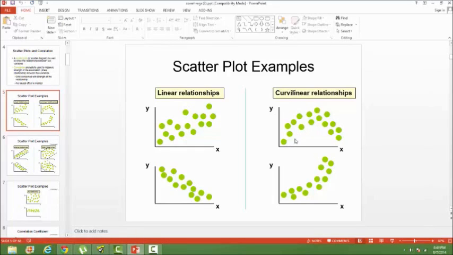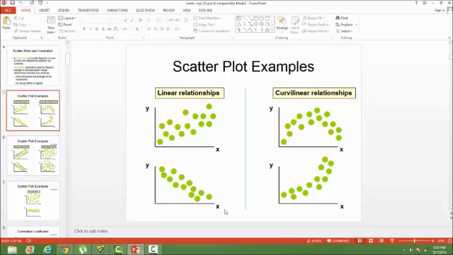Okay, so it could be some kind of a curve, right? It could be parabolic, it could be hyperbolic, or that kind of a relationship, or circular. It can be anything. So it's not something like a straight line. Here you can plot a straight line that passes through the points.